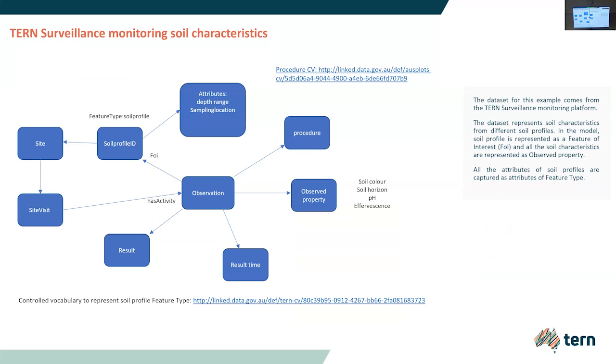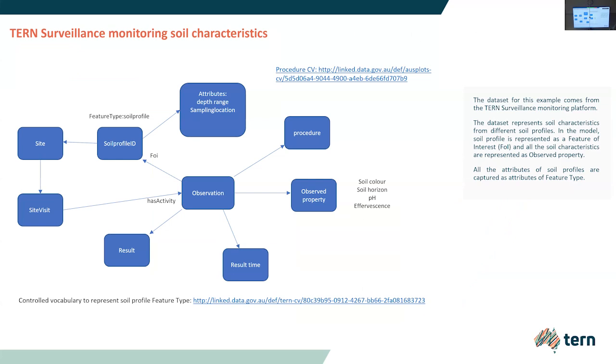So just to provide one of the examples, this is in our TERN surveillance monitoring. So basically they go and do the soil profile, they dig a hole, and based on the profile, they collect some information. So here they're looking at the feature of the soil profile, and then for every profile ID, there's an attribute, because they dig from 0 to 1 meter, every level kind of a thing. So that is like a depth range, and a sampling location, because generally it's just outside the plot.